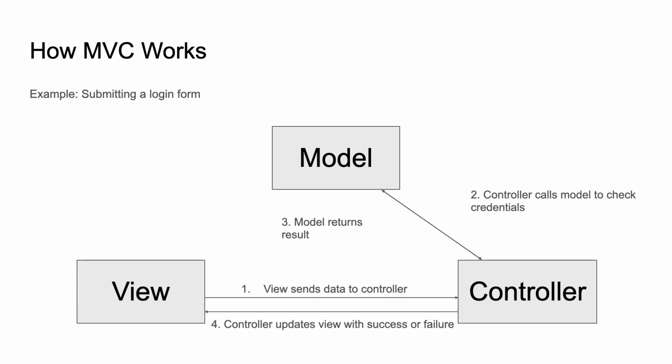Once the model responds by sending an HTTP response, the controller updates the view, either showing an error message or logging the user in. This is just one quick example flow of how these different components interact with each other to allow the user to complete actions by interacting with the browser.